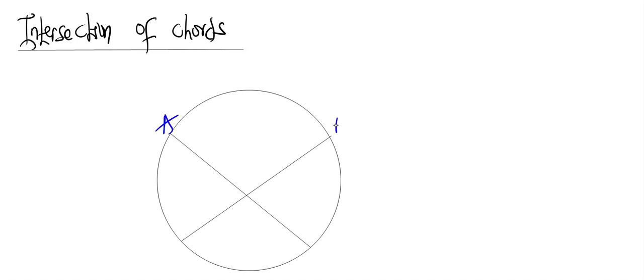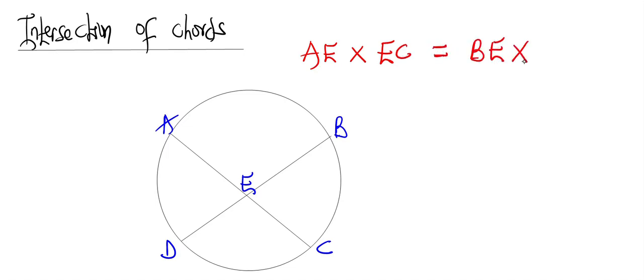Let's say A, B, C, D, E. So the formula: AE times EC, A to E times E to C equals B to E times E to D.